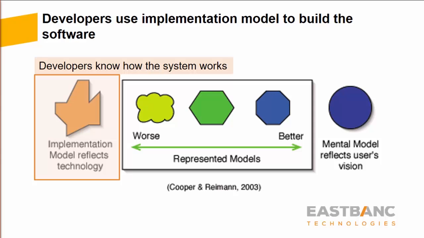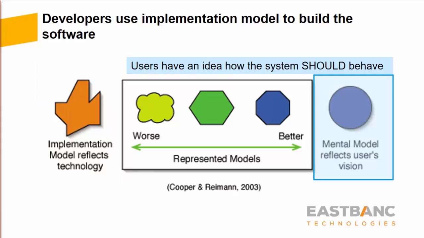The problem is that the users who use this system are not the experts of the system. They have their own idea of how the system should behave. The overall expectations of how they think they will interact with the system and how the system will respond to them, designers call the mental model of the user.